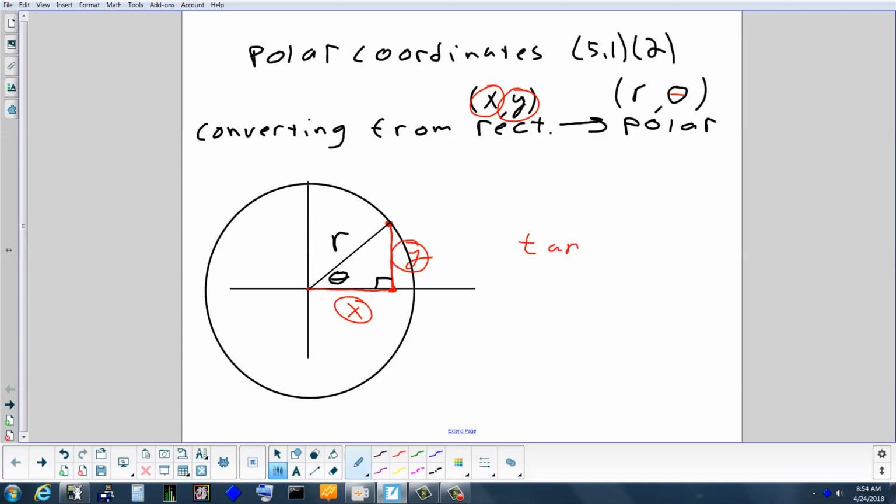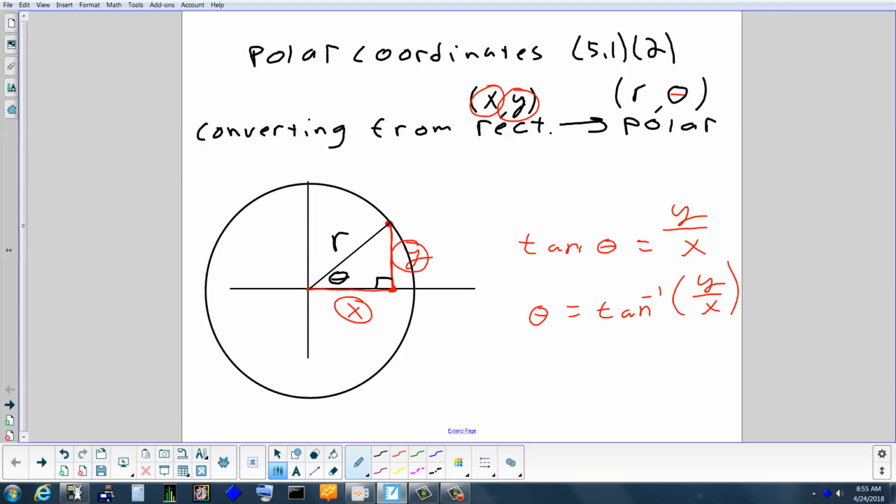So if you just watch this for a second, you're not going to miss writing anything down. So the tangent is opposite over adjacent. But the problem with that is that's not theta. That's tangent theta. Does anyone remember how we get rid of tangent? Yeah, inverse tangent. So we take the inverse tangent of each side, and that is the formula for theta, which I'm going to write down on the next page.